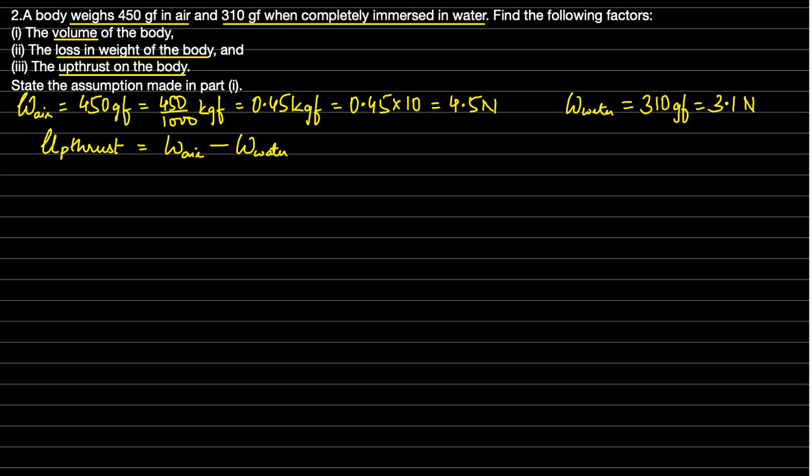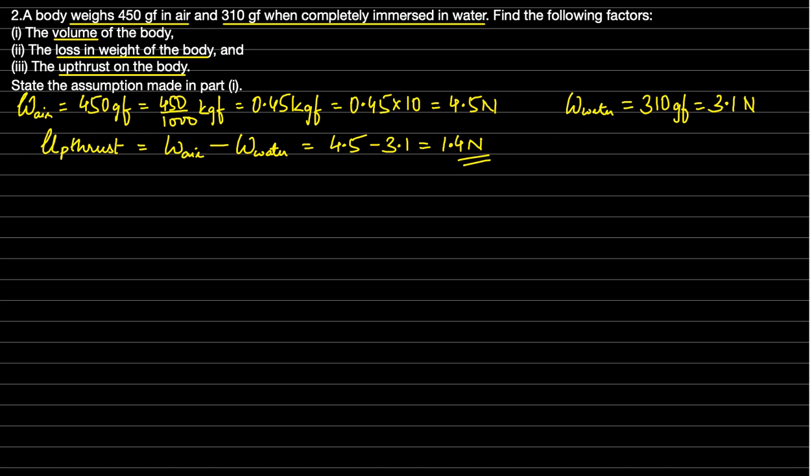So that gives us 4.5 minus 3.1, which is 1.4 newtons. So 1.4 newtons is the upthrust.